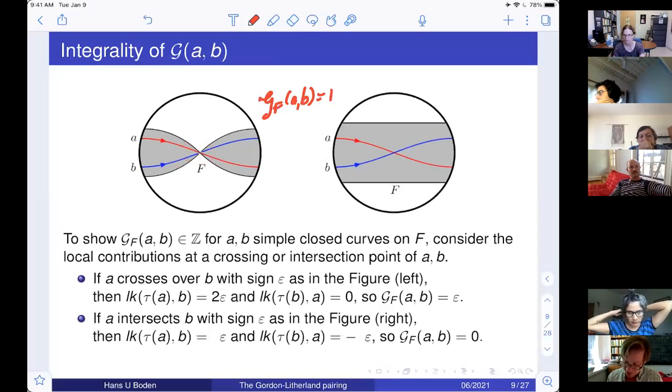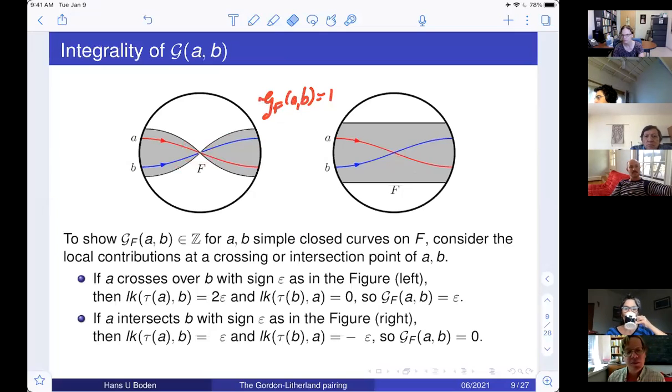On the other hand, for the right-hand picture, if I look at tau A, the linking number of tau A with B, I get +1 here, because one copy goes above B and one copy goes below B when I take the push-off in both directions. And if I do the same thing for tau B, I see that one copy of B goes above A and one copy goes below.